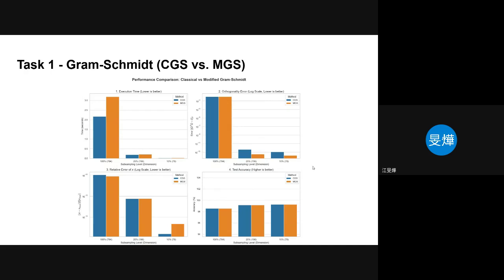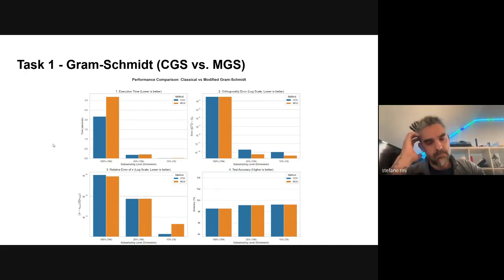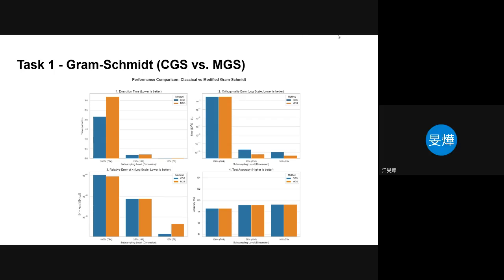Yeah, because you have an extra normalization, right? So that brings the complexity higher, but improves the numerical stability. It's because the modified one requires continuous updates of the remaining vector in its inner loop, so it takes more time.